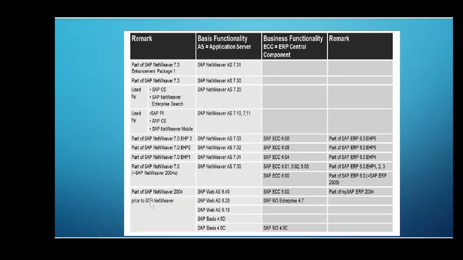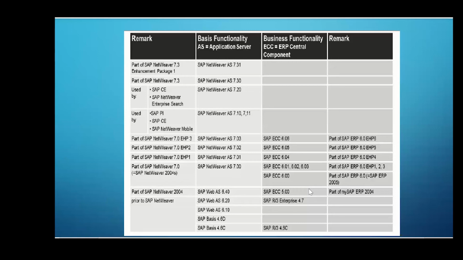So what happened initially? You were having something called SAP Basis. This is for my application server, and this is for my ECC. When I differentiate between ECC and application functionality, I have two different technicalities.